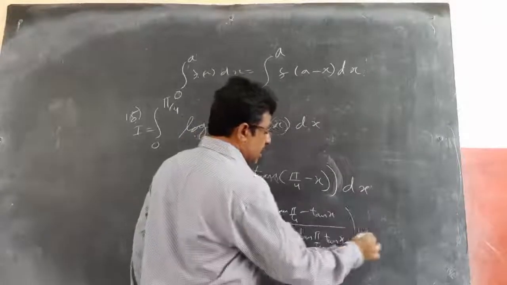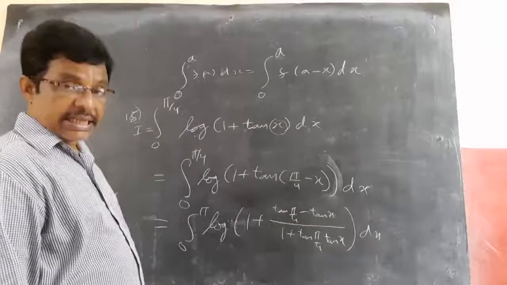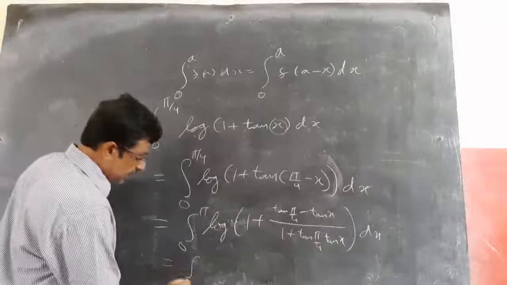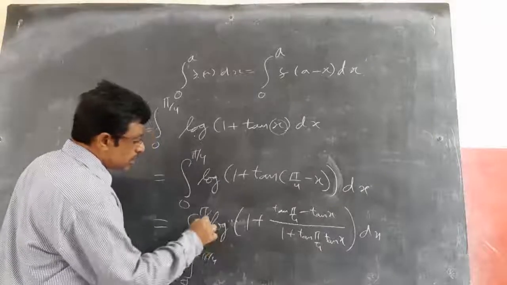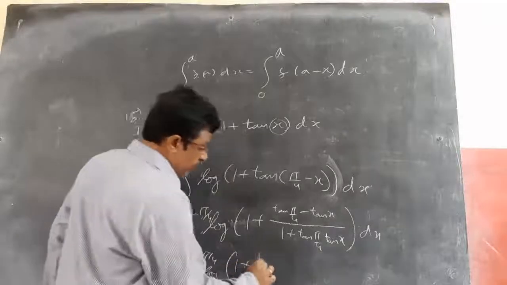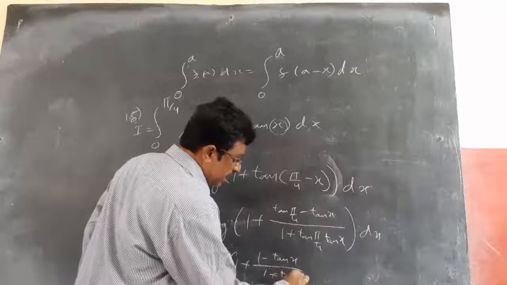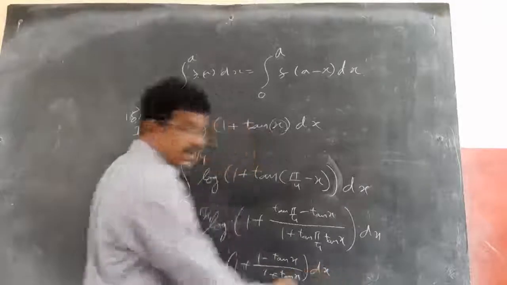So this becomes 1 minus tan x by 1 plus tan x, so that I can take LCM. So this is integral of 0 to pi by 4 log of 1 plus 1 minus tan x by 1 plus tan x dx.